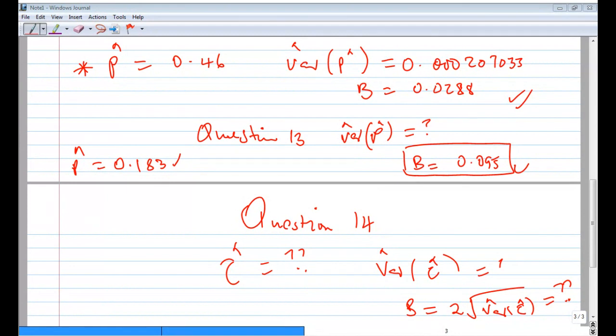It's easy because you are told that N times P is the total number of incorrect vouchers, where P is the population proportion of incorrect vouchers.